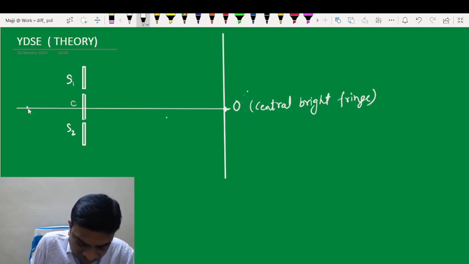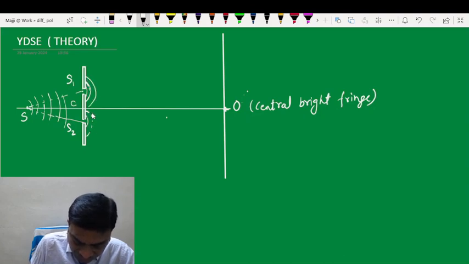Alright, now somewhere you have an actual source here, equidistant from both the slits, that is S1 and S2. So basically what will happen when light comes out from source S, then from here and from here the light will start appearing this way.